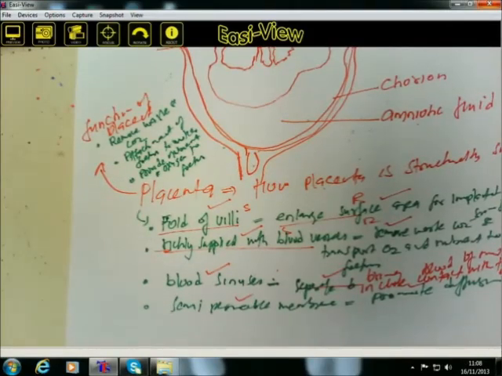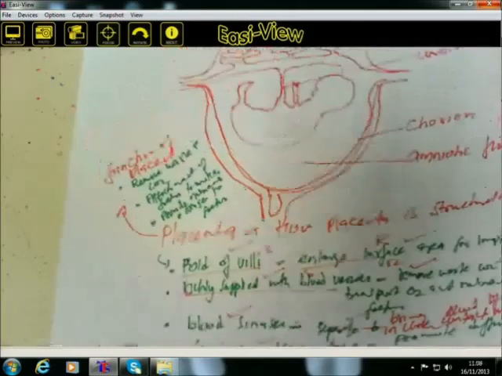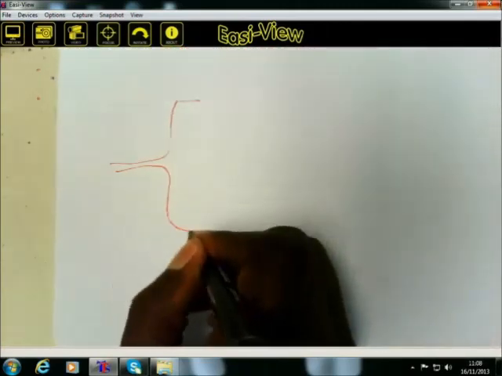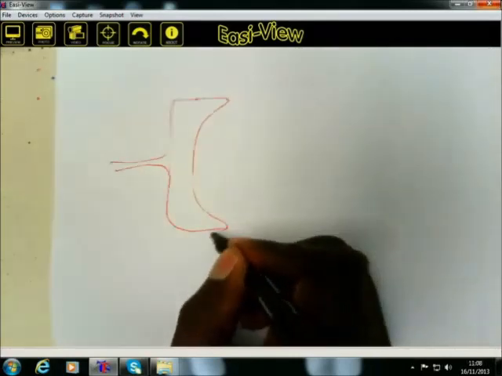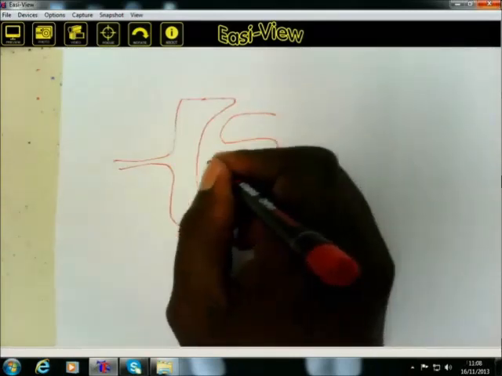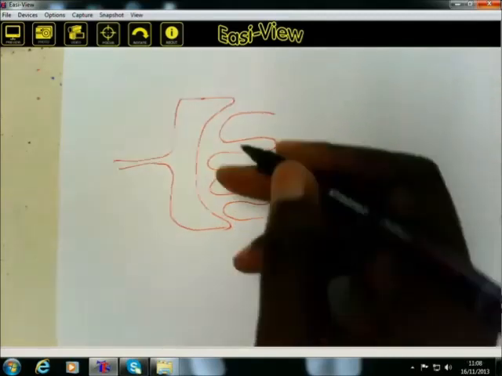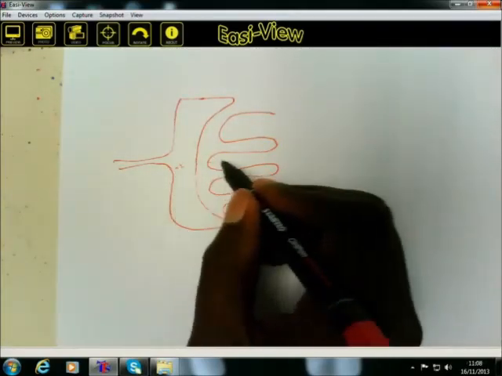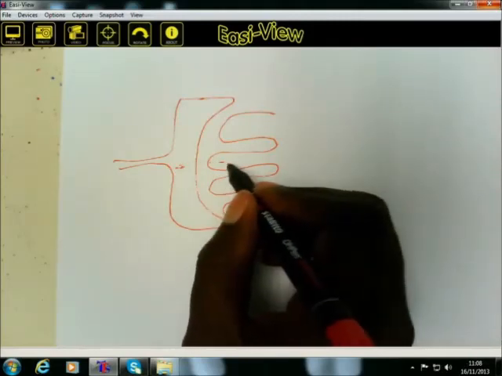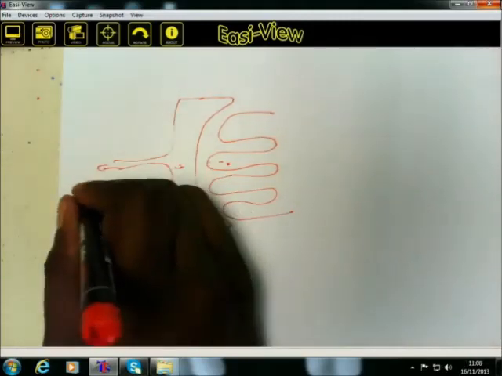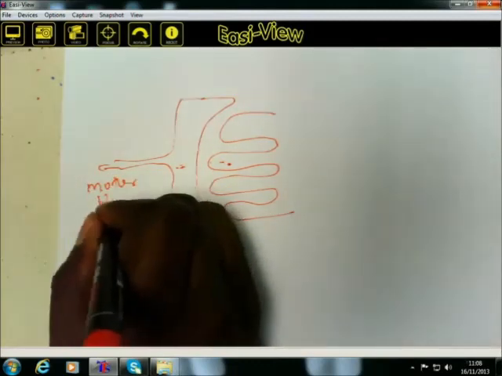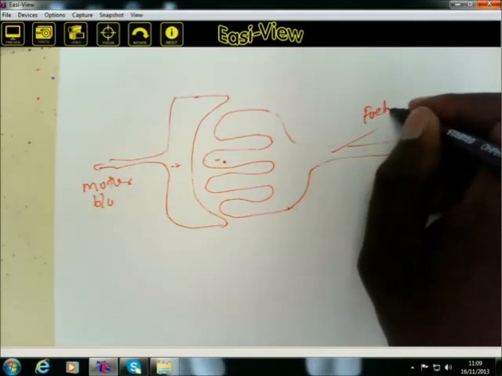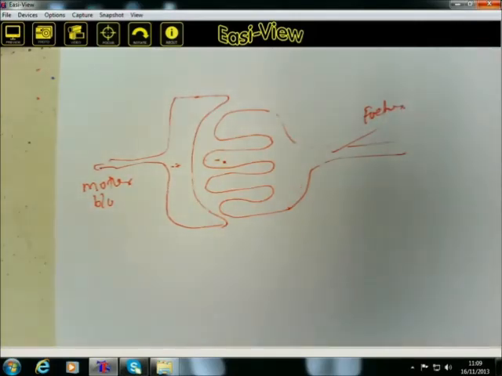In other words, if this is the mother's blood system here, these are the fetal villi in that. So they are not in direct physical contact. This is the mother's blood, and this one here goes to the fetus's blood. That is what we need to understand.